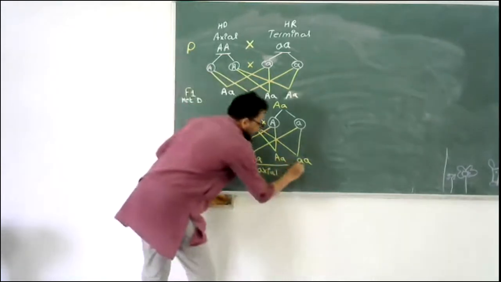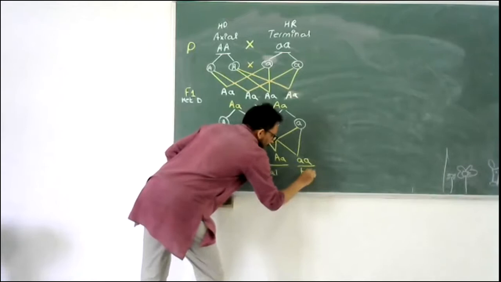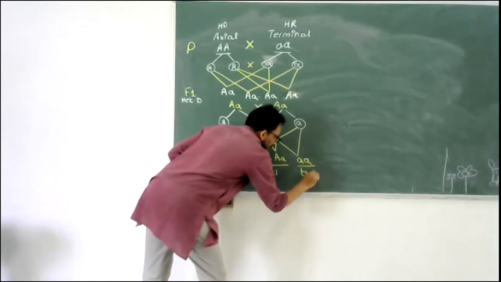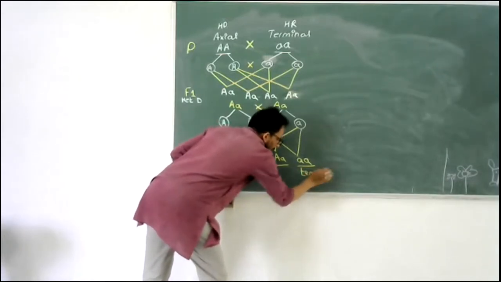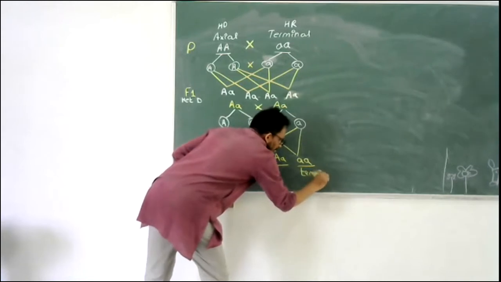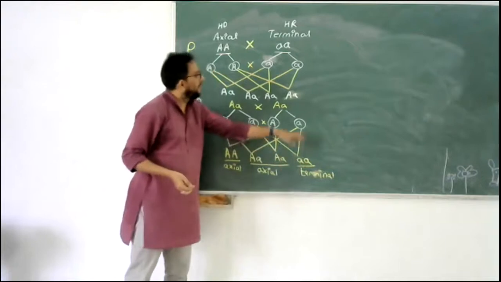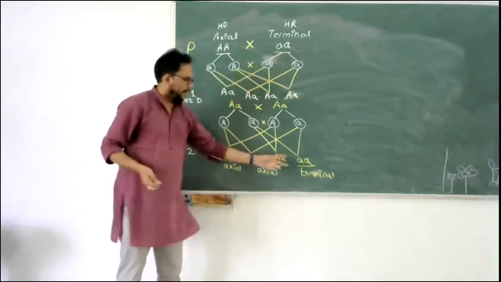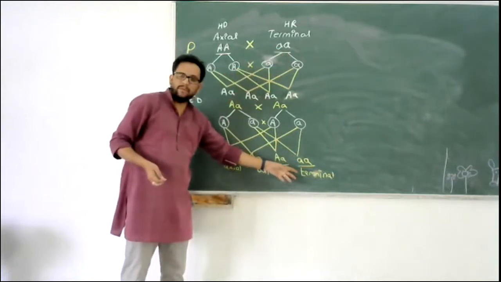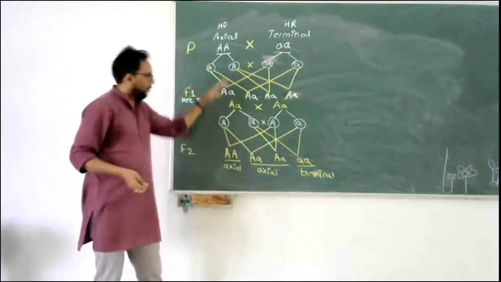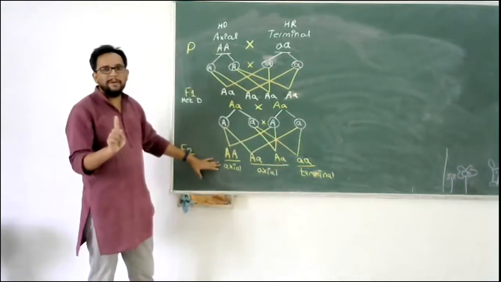This one will be a terminal flower, because both of the alleles are recessive, and it will produce all terminal flowers. So that is what is called the monohybrid cross.